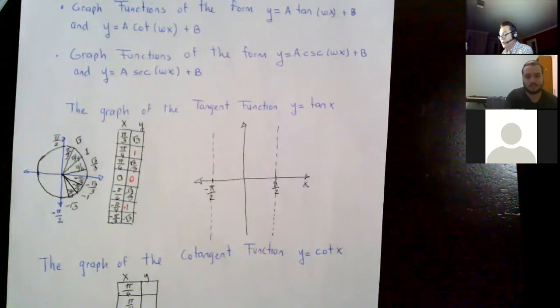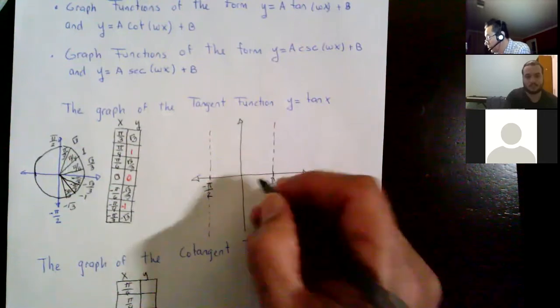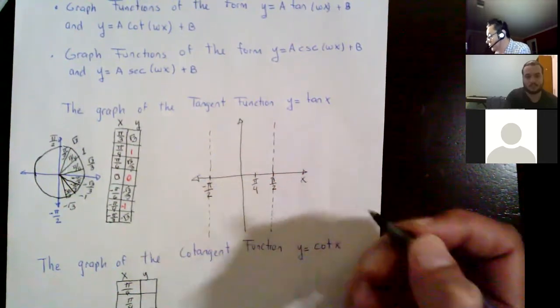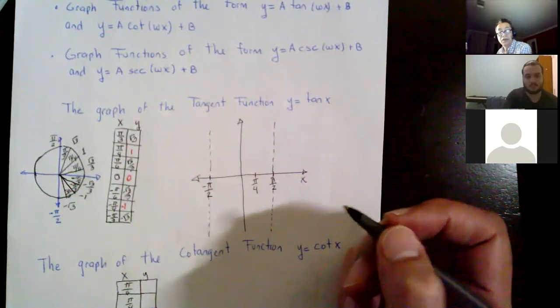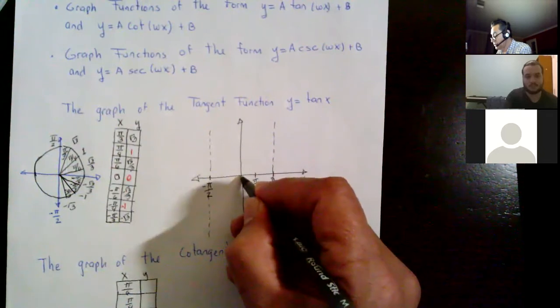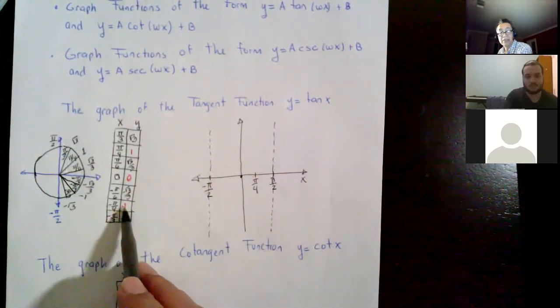All right. So notice the values that I have in red in the table. At pi over 4 the value is 1, right? So where is pi over 4? Well, pi over 4 is right here. Also notice that I have a 0, which is right here. And another value is negative pi over 4, which is negative 1.